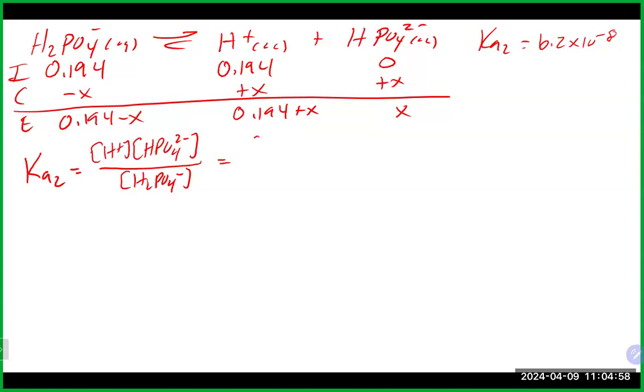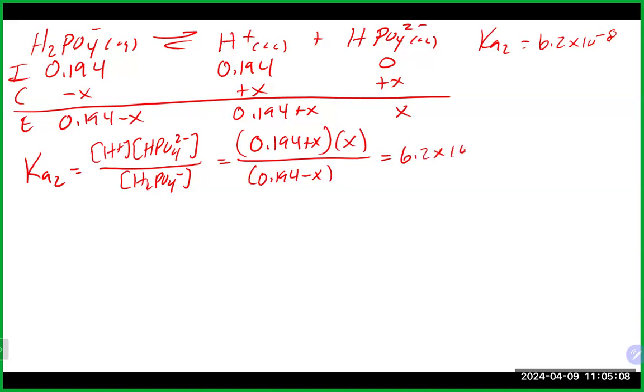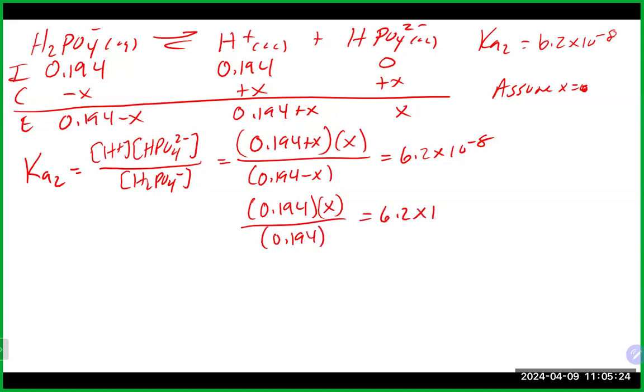And that's going to give us 0.194 plus x times x divided by 0.194 minus x equals 6.2 times 10 to the minus 8. I'm going to assume that x is equal to 0 because it worked good on the first one, so why not here? That's going to give me 0.194x divided by 0.194 equals 6.2 times 10 to the minus 8.